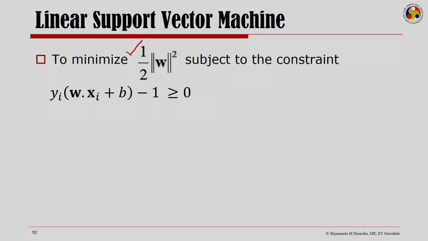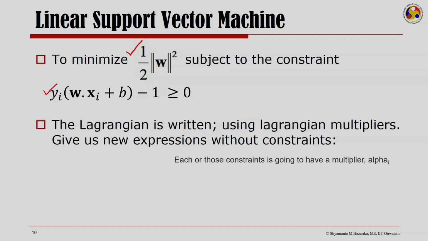Now, for the maximum margin for the hyperplane that we are thinking of putting in between the positives and the negatives, we have to minimize half W square subject to the constraint that yi (W dot xi plus b) minus 1 is greater than or equal to 0. The Lagrangian is written using Lagrangian multipliers, and we arrive at a new expression without constraints.